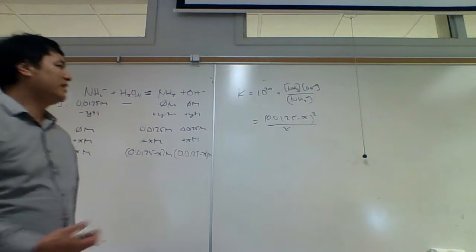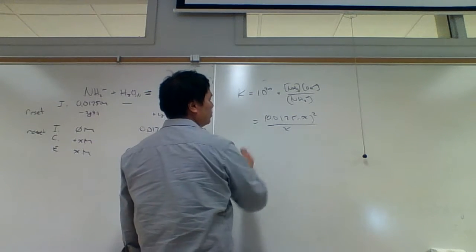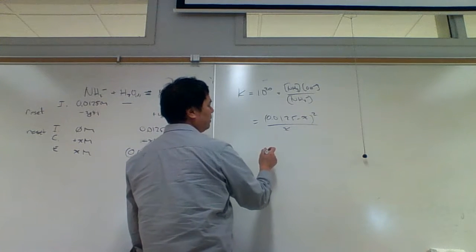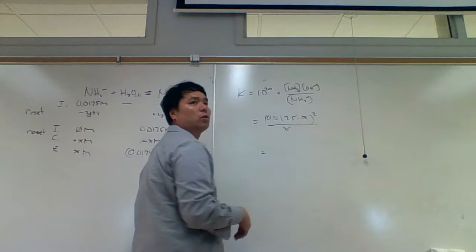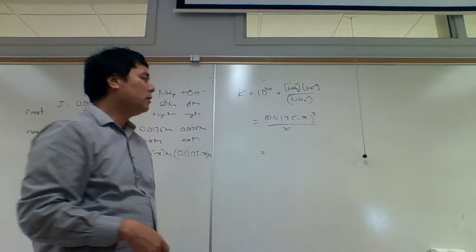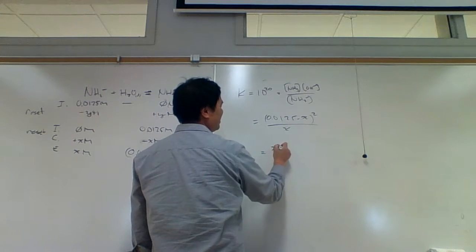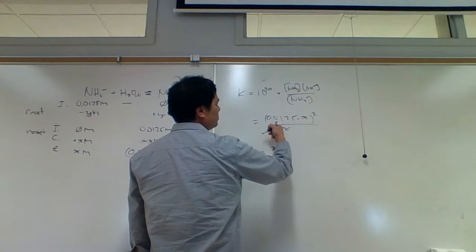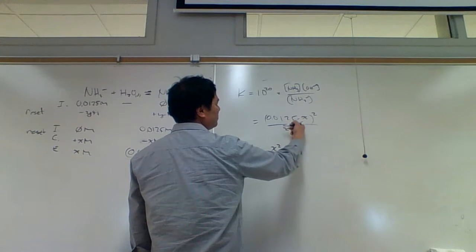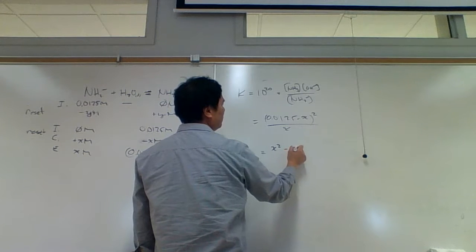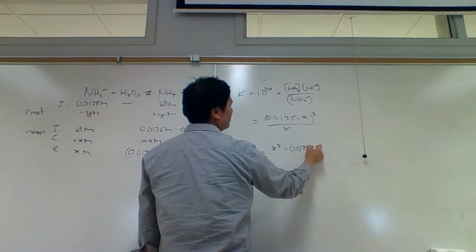If I look at this, hey, this just looks like the quadratic equation. So let's go ahead and get it into quadratic form. Getting this into quadratic form, I'm going to get X squared, minus 0.0125x minus 0.0125x gives me 0.0250x.